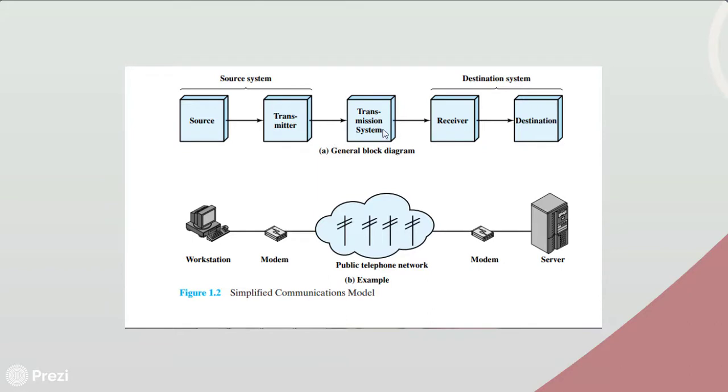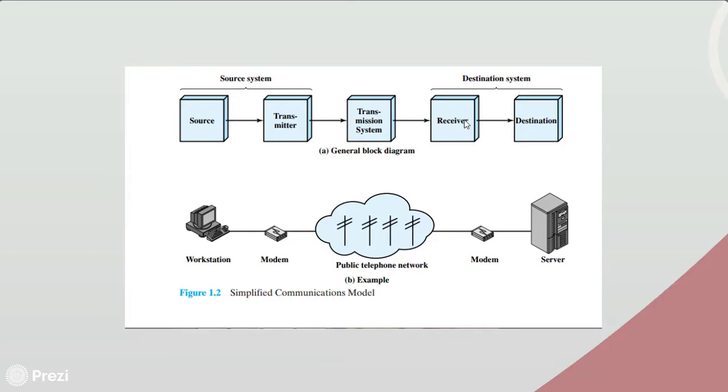That telephone network is the transmission system, which is the next one. The transmission system can be a single transmission line or a complex network connecting source and destination. An example for that is the telephone line.